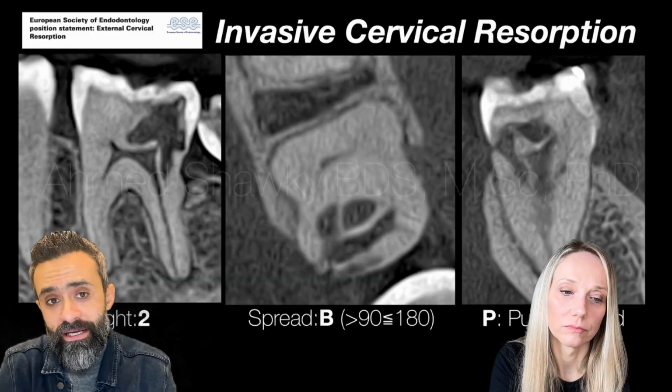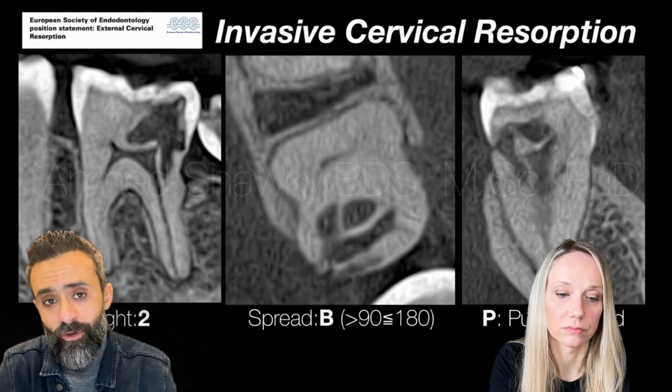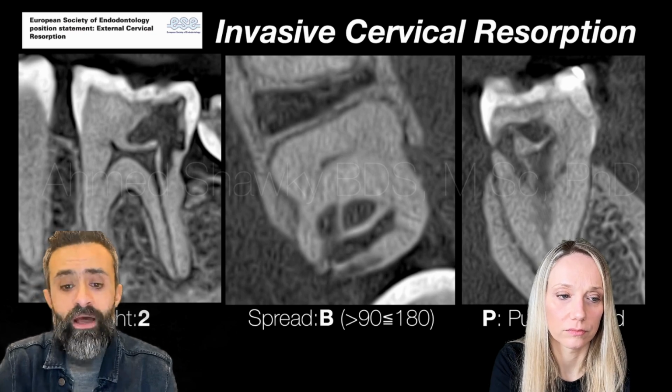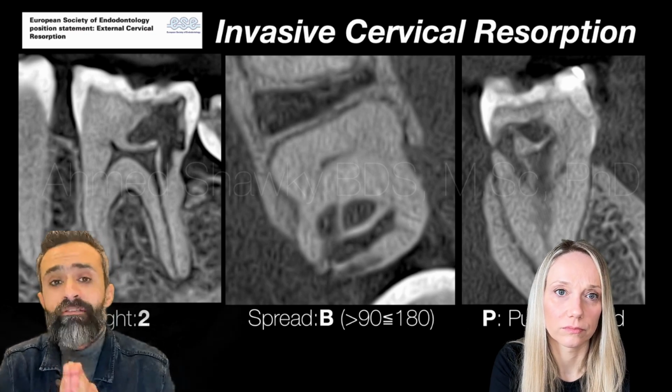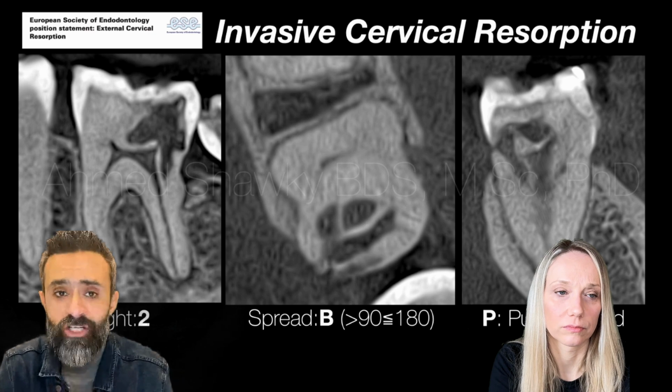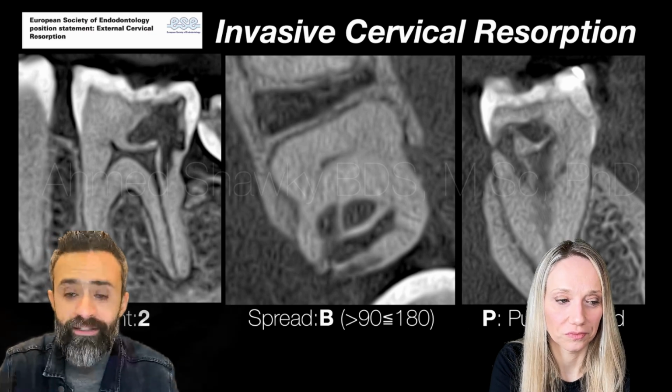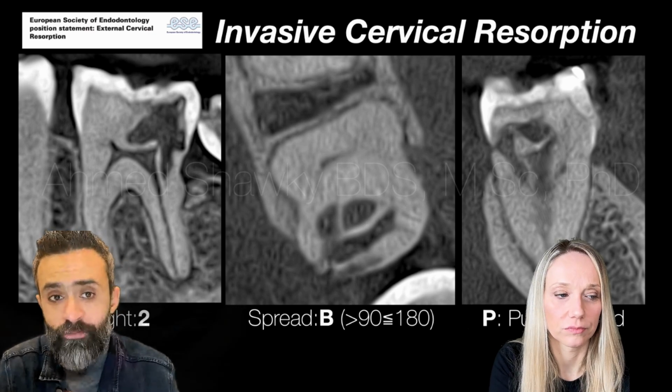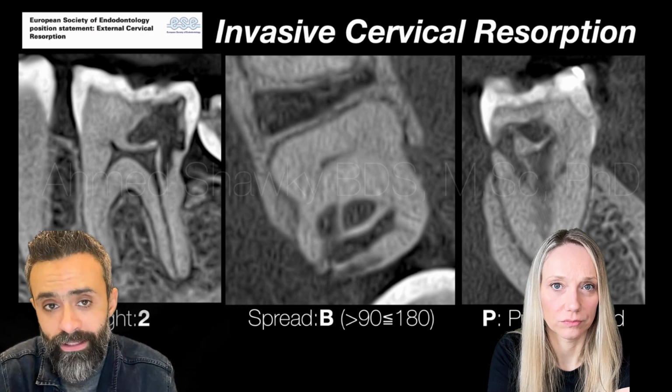Similarly, in invasive cervical resorption or external cervical resorption, CBCT can help us in a very important thing, which is the classification of the defect in terms of height, circumferential spread, and the possible pulp involvement.